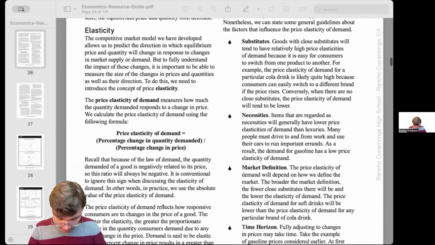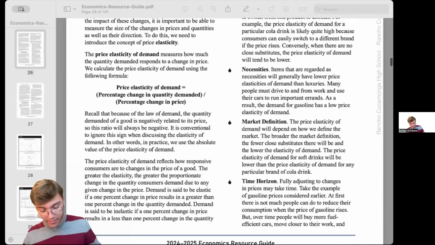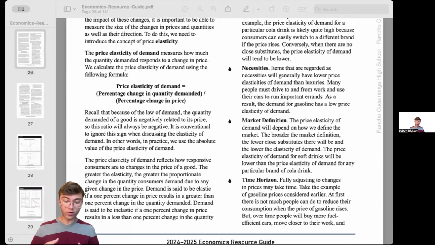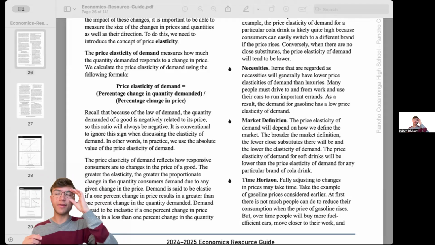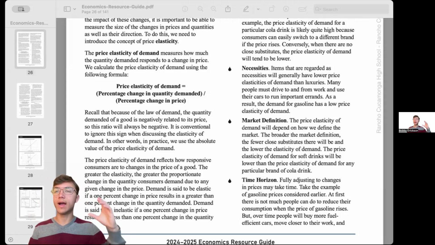So if something is highly elastic, that means that consumers are going to change their demand a lot based on a given change in price, versus relatively inelastic, which is when you have a set change in price and the quantity changes very little.